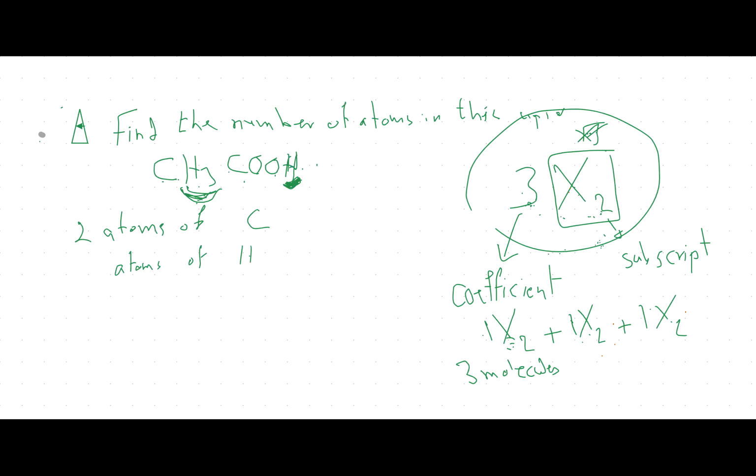So 3 plus 1, this is 4 atoms of hydrogen. This is the total that you have, even if they are separated, it's still an atom of hydrogen. San, how many atoms of oxygen do you have here? The oxygen?